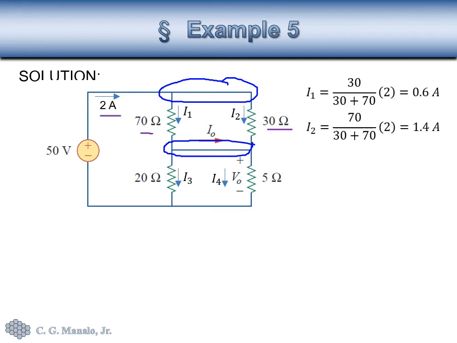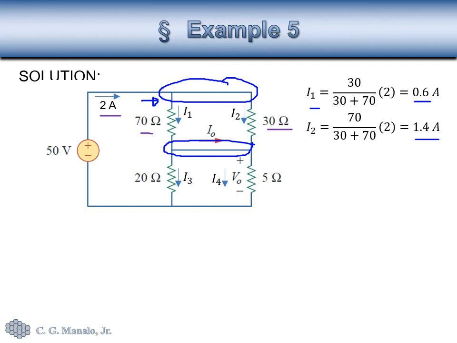So if you do that, that will give us I sub 1 equals to 0.6. So take note, these are two resistances that are in parallel and current flows towards those resistances that are in parallel. We can do the same for I sub 2, and that will give us 1.4 amperes.